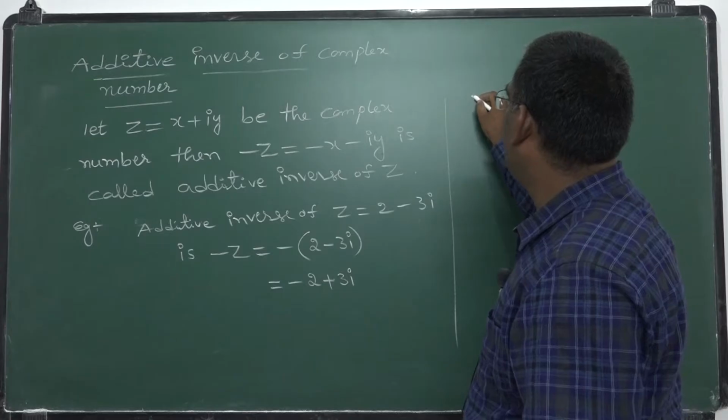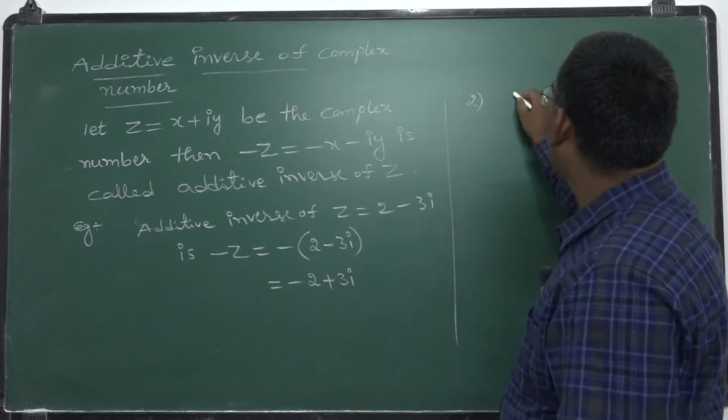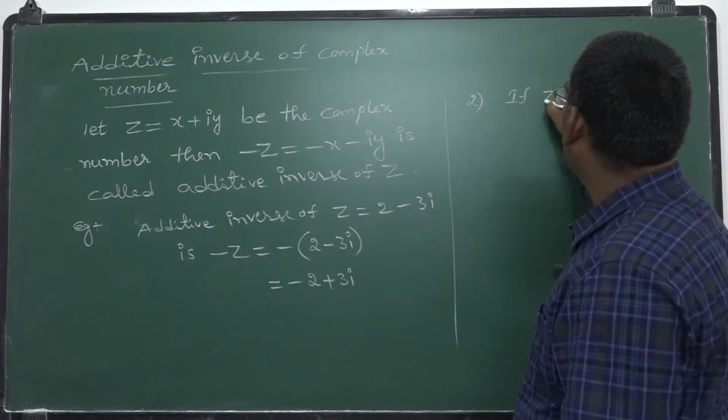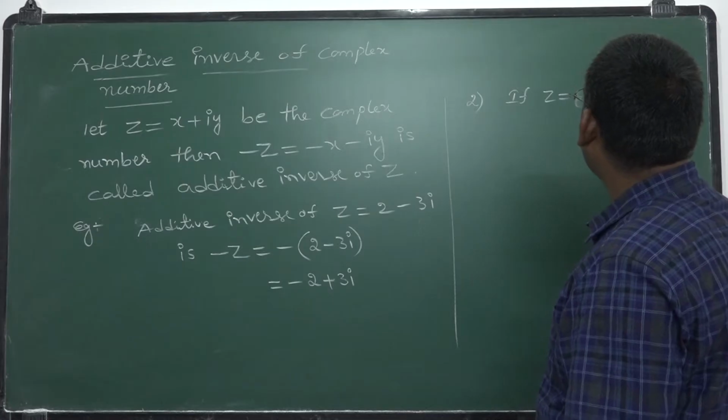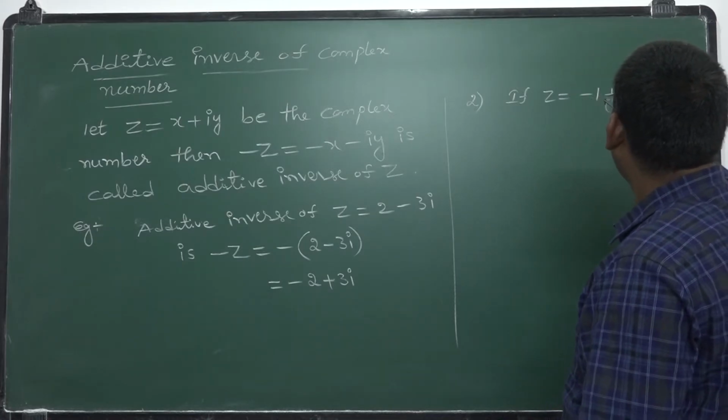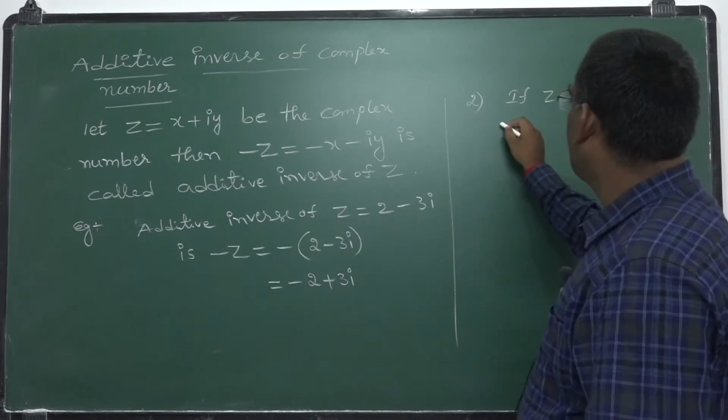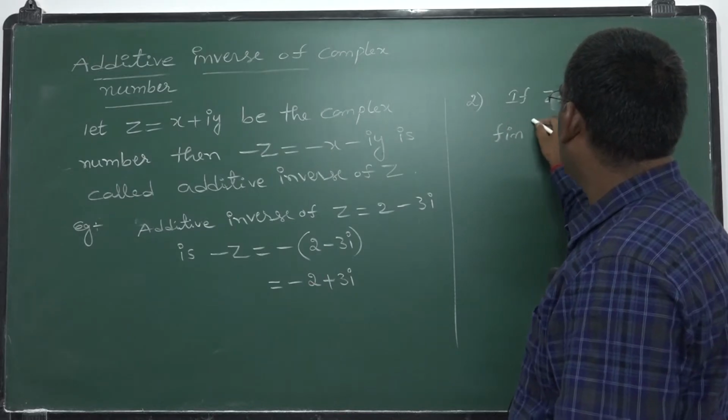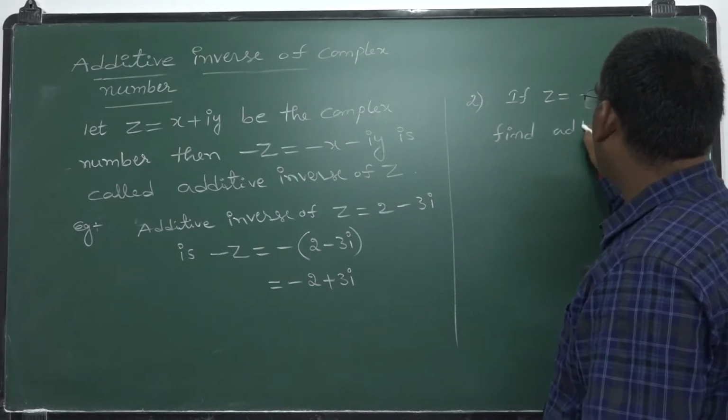Another example, if z equal to minus 1 plus i, then find additive inverse of z.